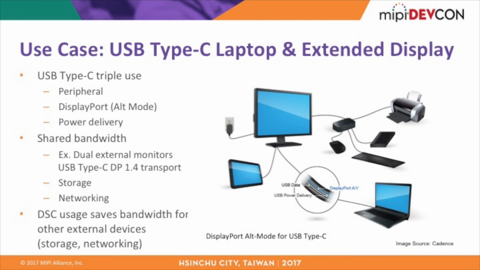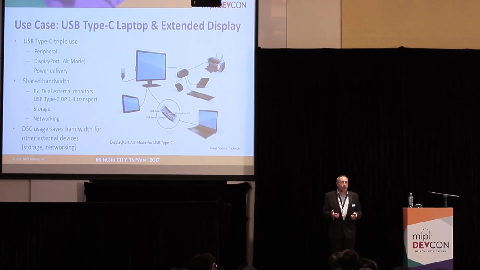So if I want to use a computer with two external displays, each of them supporting 4K video, I'm looking at close to 30 gigabits of data per second. So there's basically no bandwidth left in this computer to carry anything else but uncompressed video.